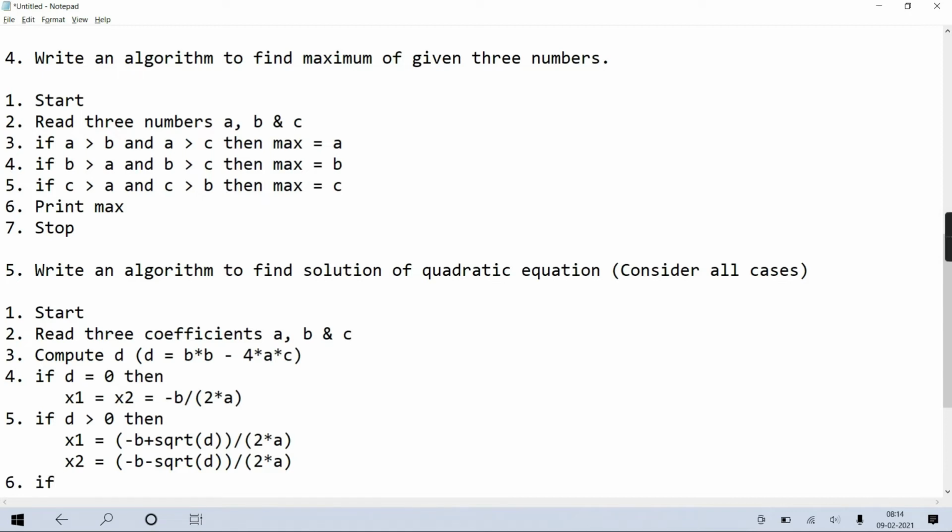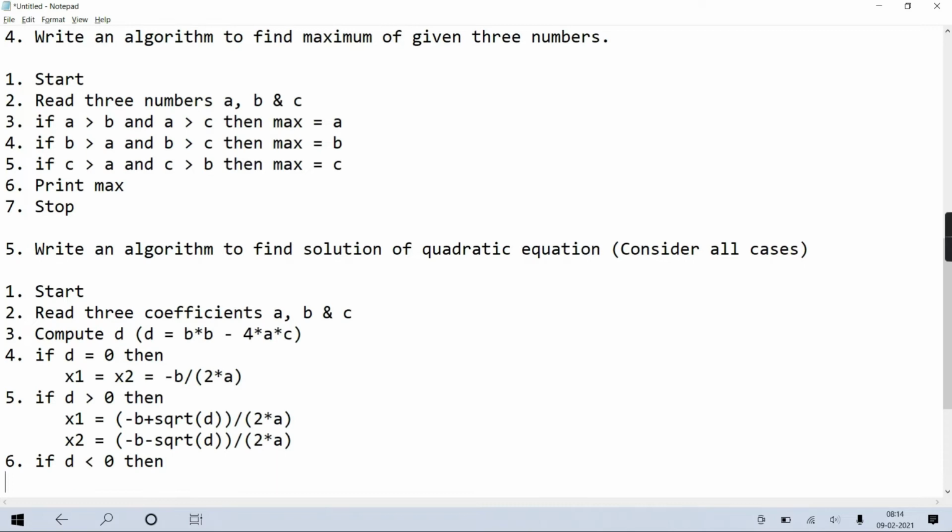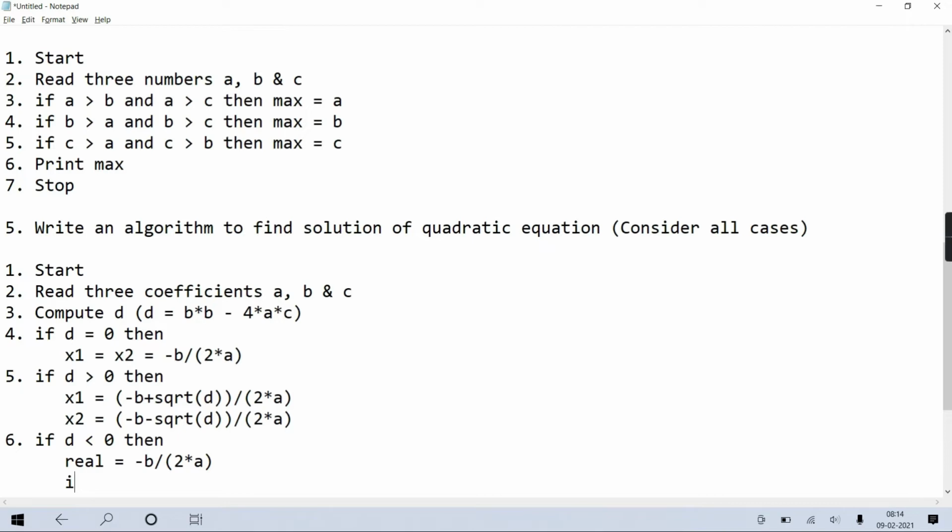And if d is negative, then we'll first calculate the real part. Real, if you want to write like this, real equal to minus b upon 2a. And what is imaginary part?